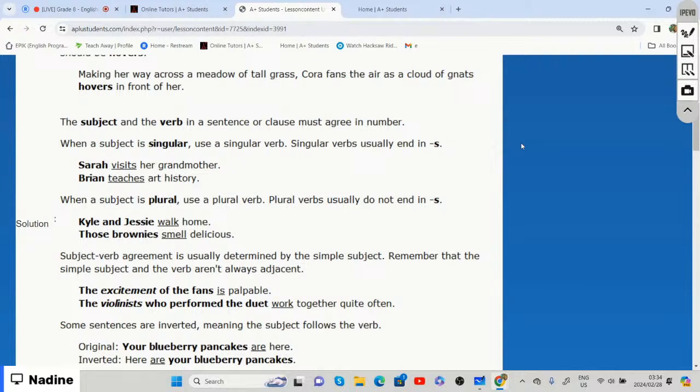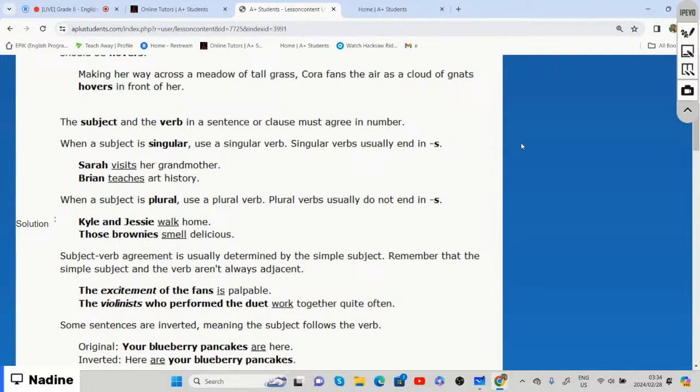When we have a singular verb, it usually ends in S, ES, or IES, or specifically just in S. For example, Sarah visits her grandmother.